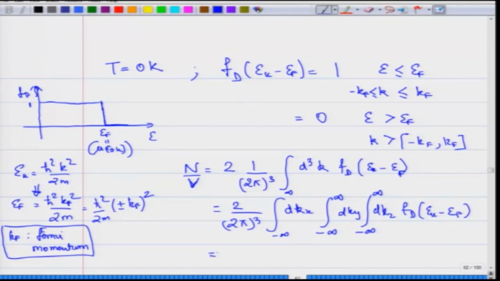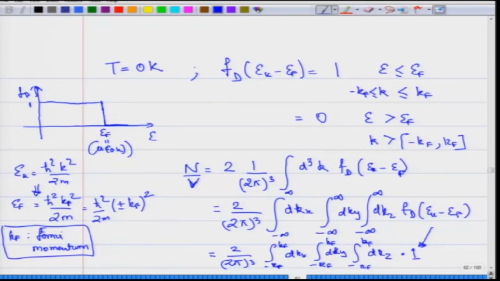So, I can convert this again into 2 by (2π)³ integral from minus kF to plus kF dkx, integral from minus kF to plus kF dky, integral from minus kF to plus kF dkz into 1, because in this range your Fermi-Dirac distribution will give you 1, and for anything outside that range it is going to be 0.